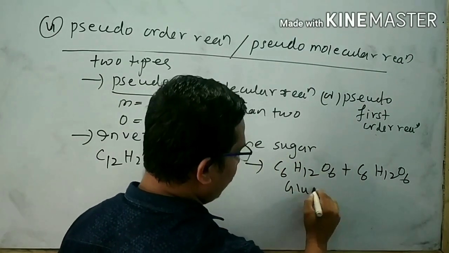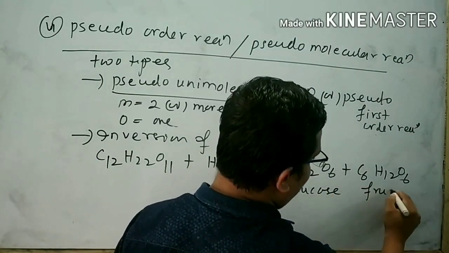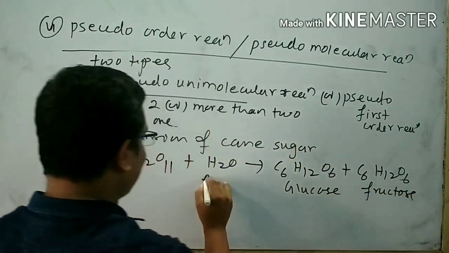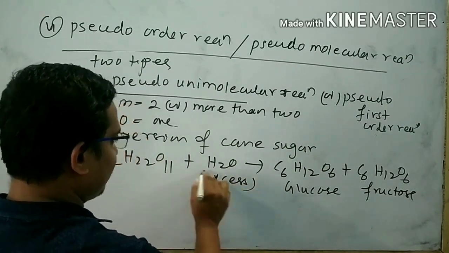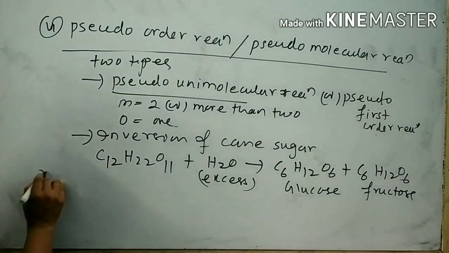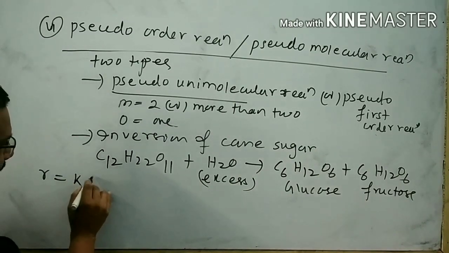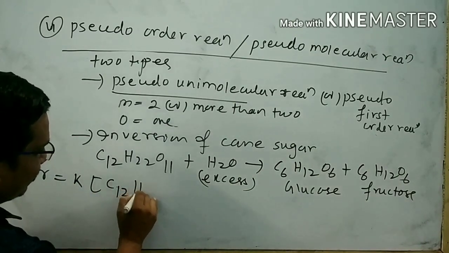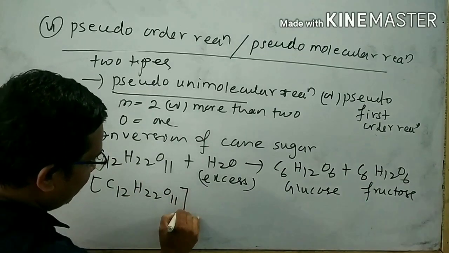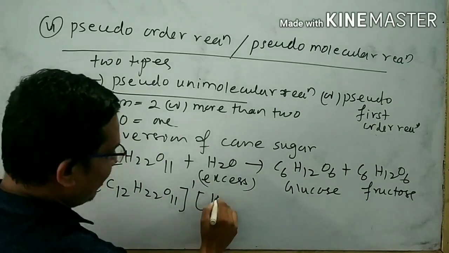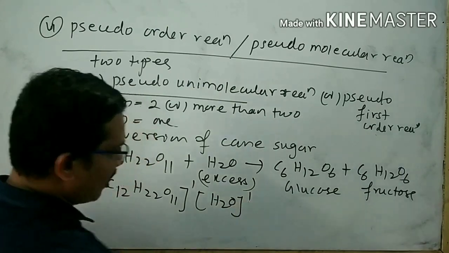This is glucose and this is said to be fructose. Water is taken in excess. Suppose I want to write the rate of reaction, then R equal to k [C12H22O11]^1 [H2O]^1.